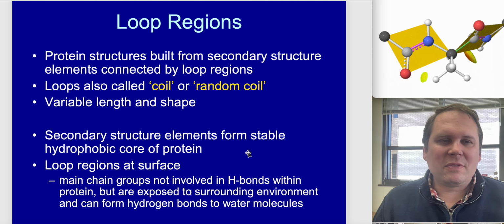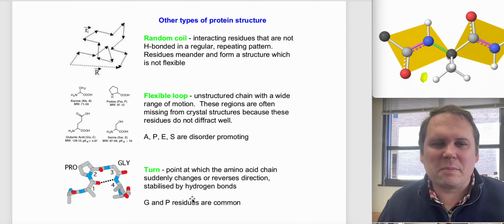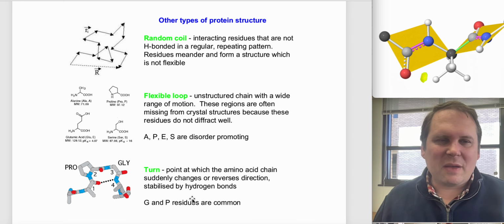The real common one is a beta turn, which is a turn between two elements within a beta sheet. Those occur quite a lot. So, random coil is everything else, but potentially including beta turns. You can say they're part of random coil, or you can mark them out separately.